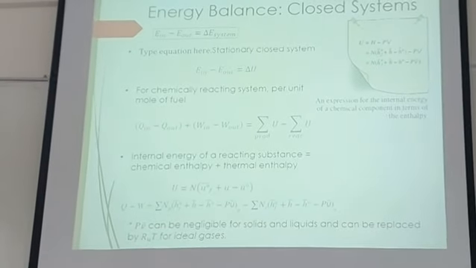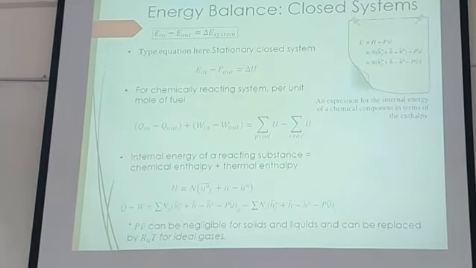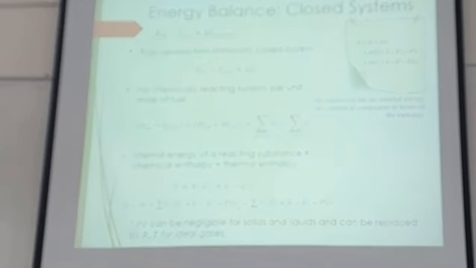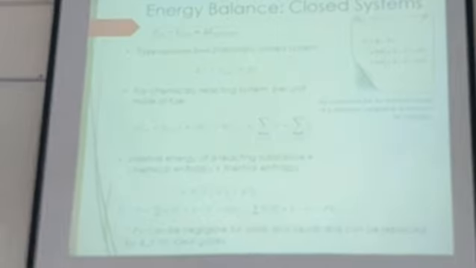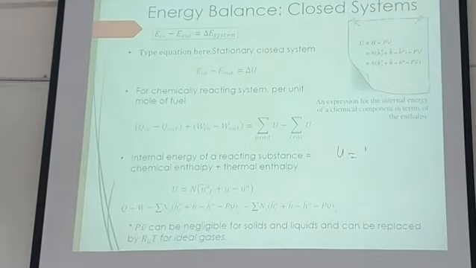But since we don't have values for internal energy, we convert this to enthalpy, but we minus PV. How does this work? Because we know H equals U plus PV.